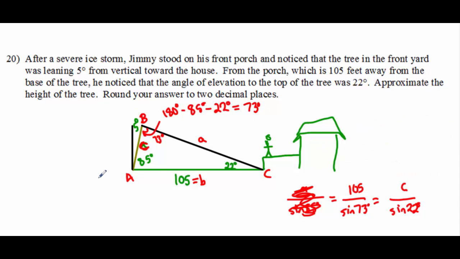So I'm going to do 105 sine 22 equals C sine 73. So I'm going to divide both sides by sine of 73 and get C equals 41.13.